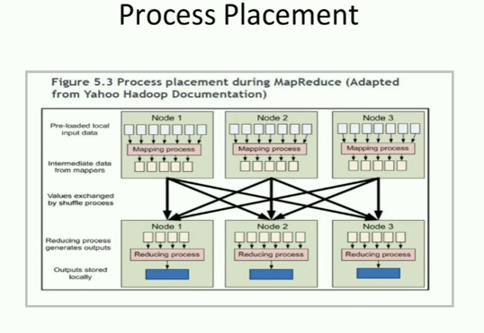Once one process's output is done, it will be the input to the other process. As you can see in the diagram, there are 3 nodes. So 3 mapping processes are running. One process's mapping output data is given to another process, the reducing process here.